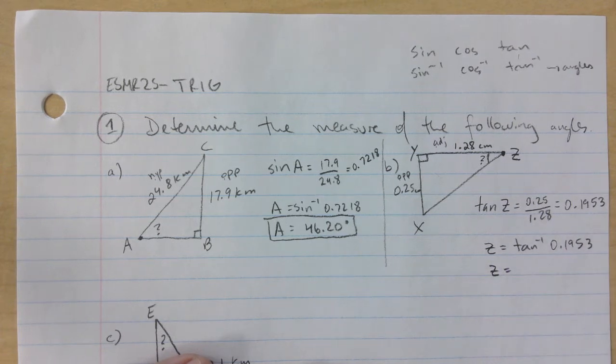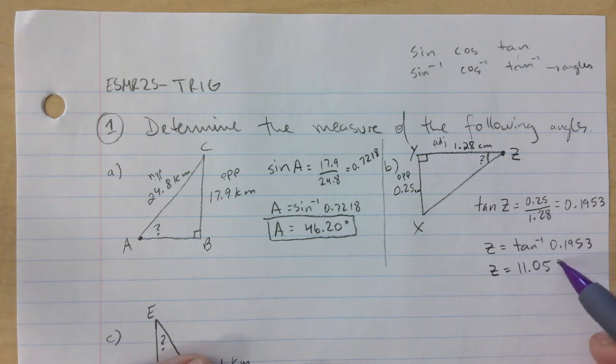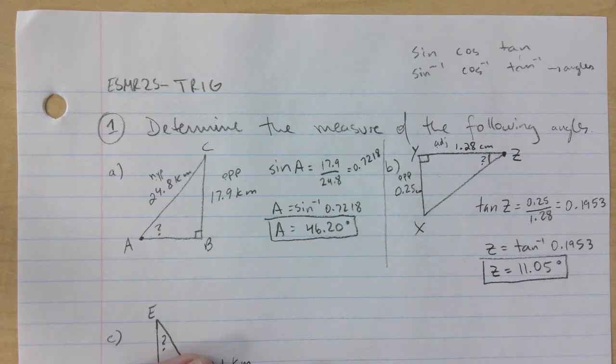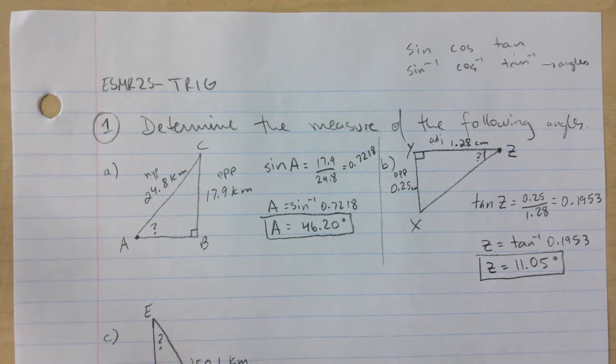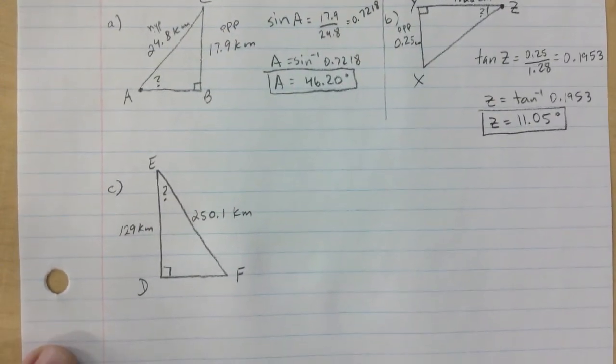So remember, you go shift tan or second tan, 0.1953 and you get 11.05 degrees. And there it is. One more. So write it down.